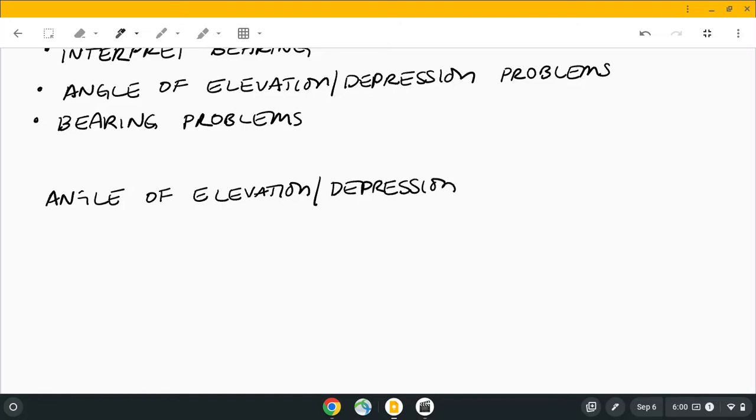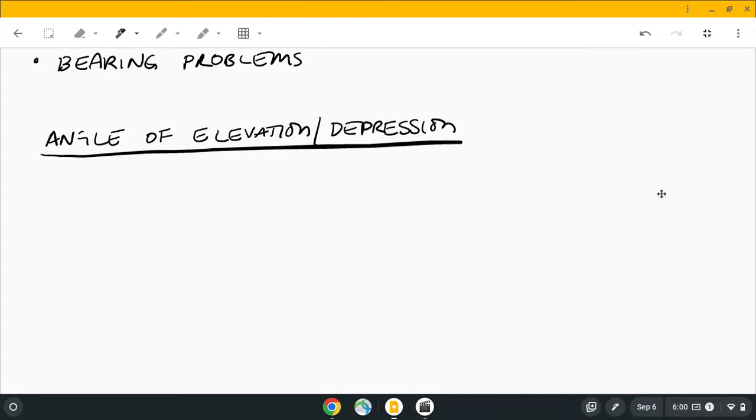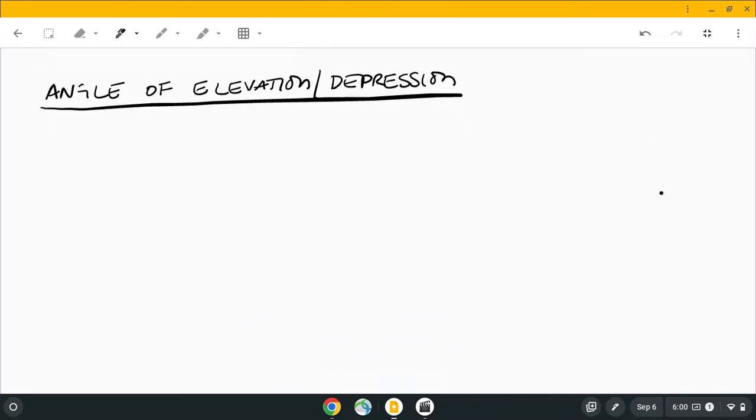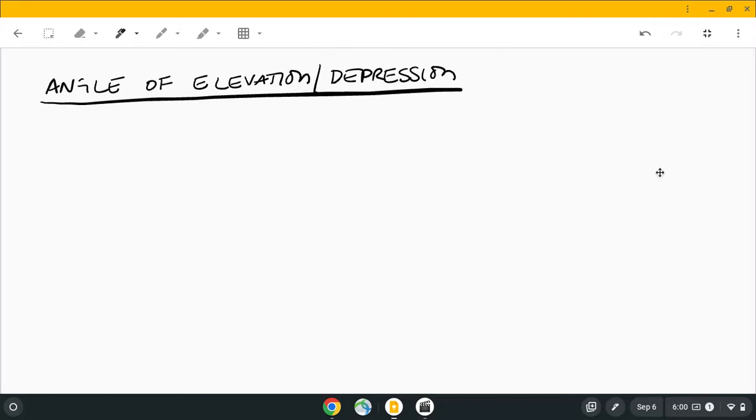Okay, so I'm going to go ahead and draw so that you have an idea of what this is. Okay, so angle of elevation, depression. Both of these are measured from a horizontal. Very important, because when we talk about bearing, that's actually measured from a vertical.